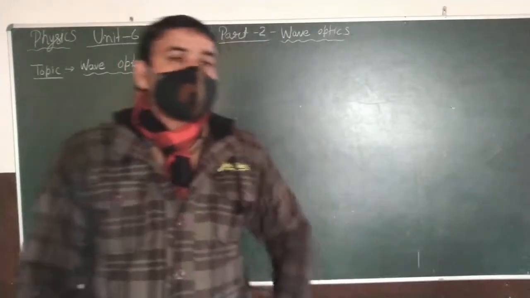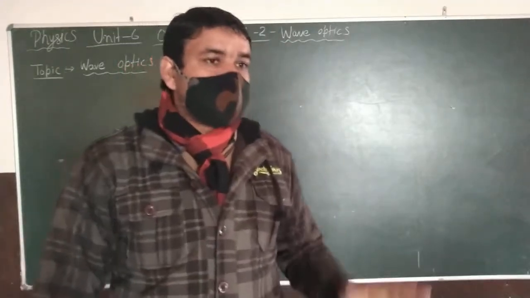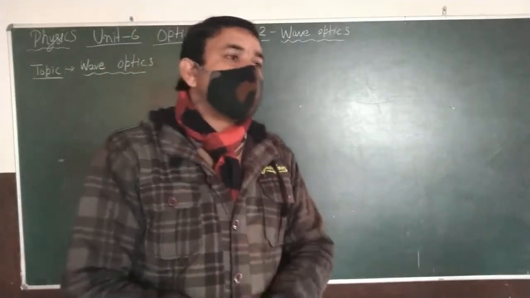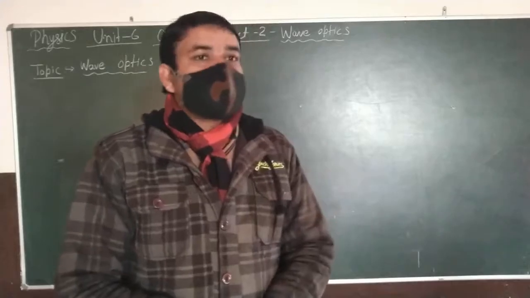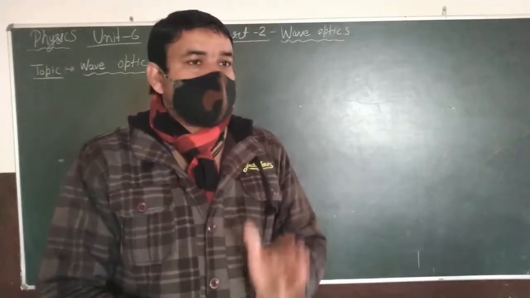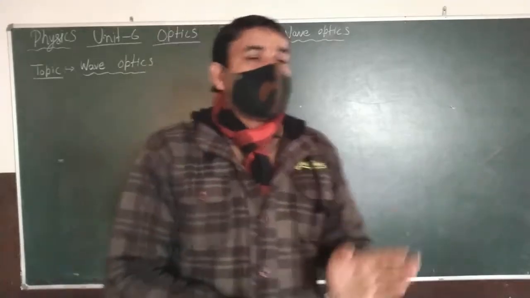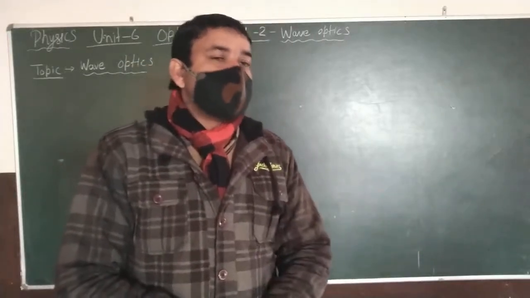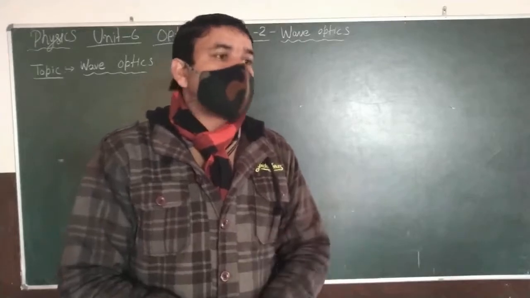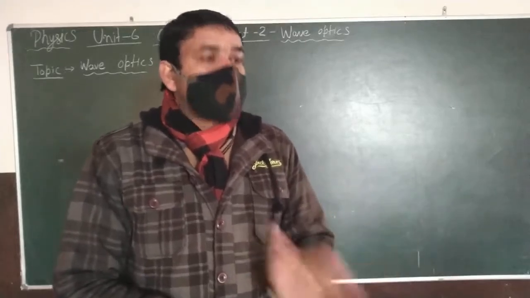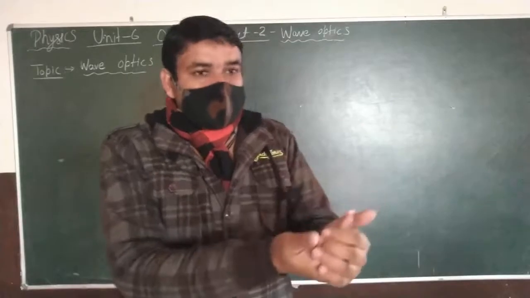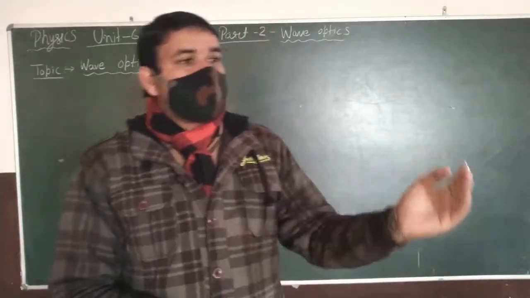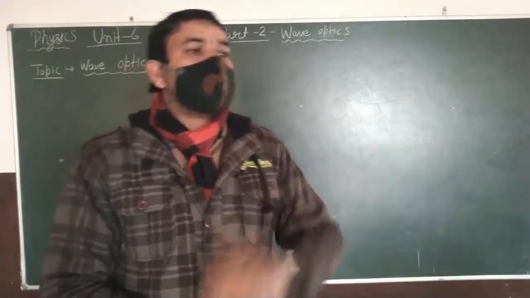Firstly, Newton assumed that light coming from the sun travels in the form of particles. Those particles are called corpuscles, and on the basis of these corpuscles, Newton gave the corpuscular theory of the propagation of light from the sun to the earth.